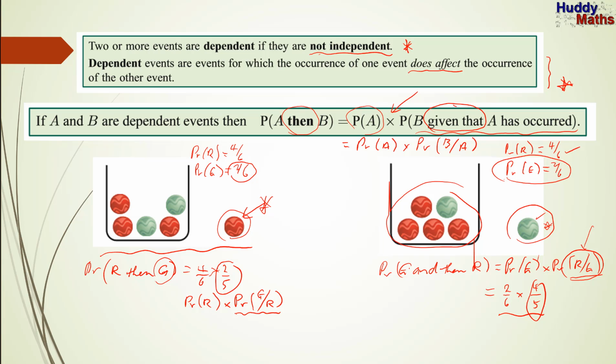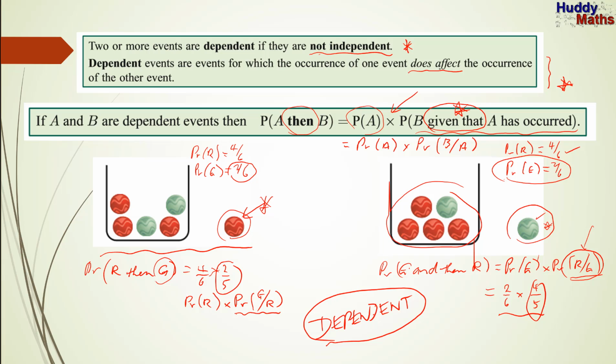Because you're told that something has occurred that affects what's going to happen in the second part of the experiment. Because you've got something which is dependent on what happened first. Dependent events. Okay, what happens in one affects what's going to possibly happen in the other one.